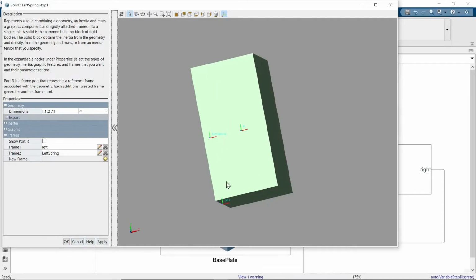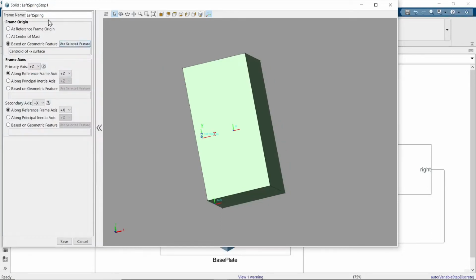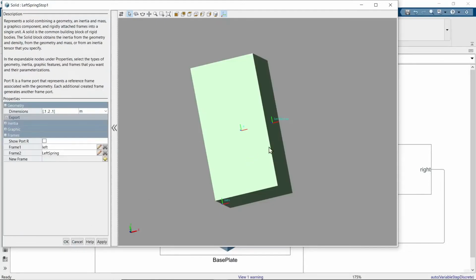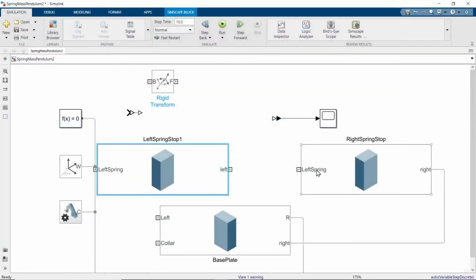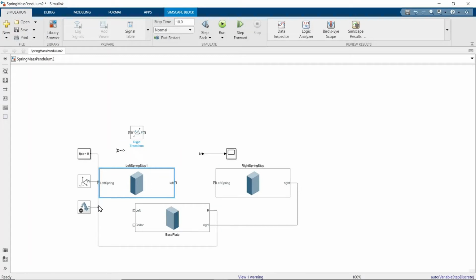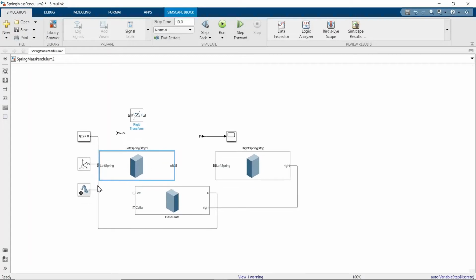And we'll need this here in the front. Selected feature, give an OK. Plot. Okay. I probably should have named this the right spring. That's okay. We'll rename it now.